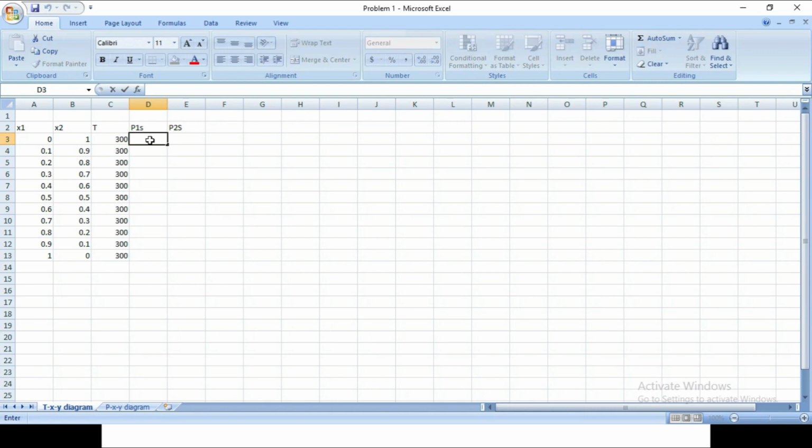P1s equal to exponential of opening bracket 13.8858 minus opening bracket 2788.51 divided by T minus 52.41, close the bracket, close the bracket, close the bracket.